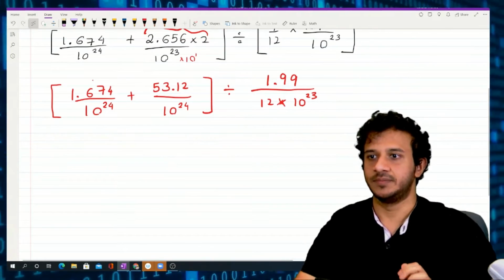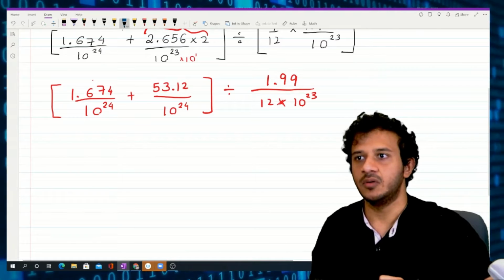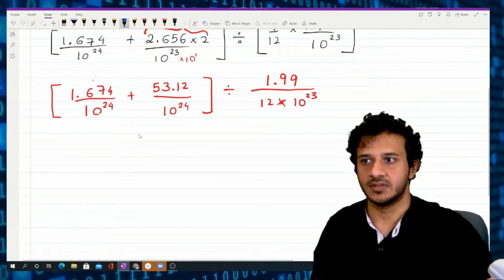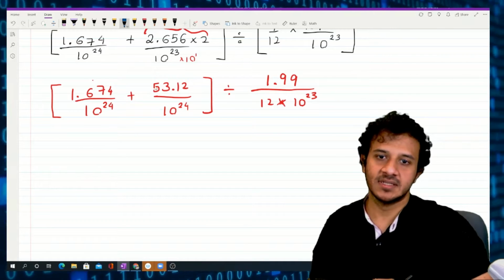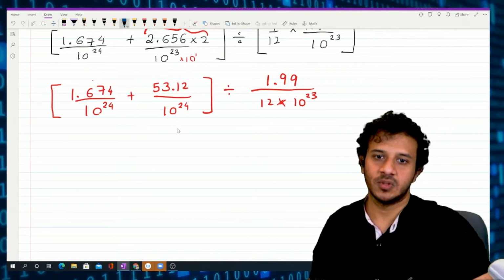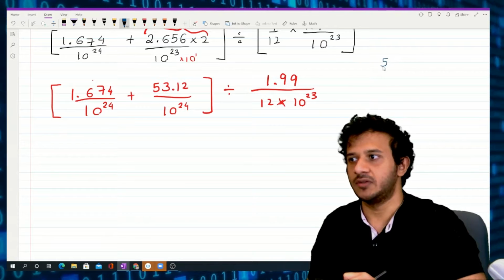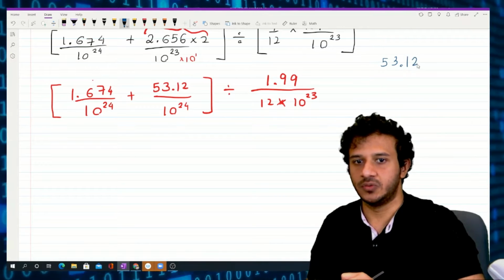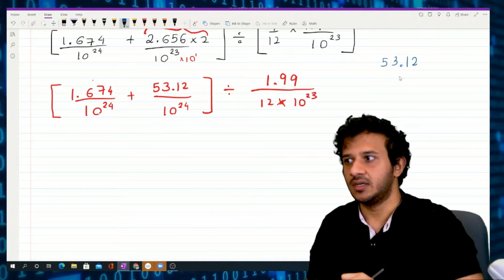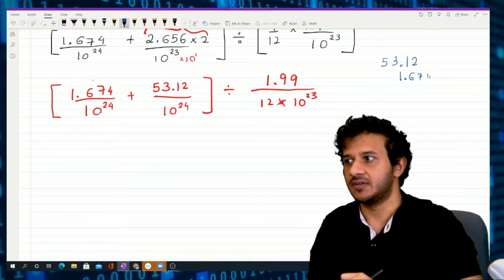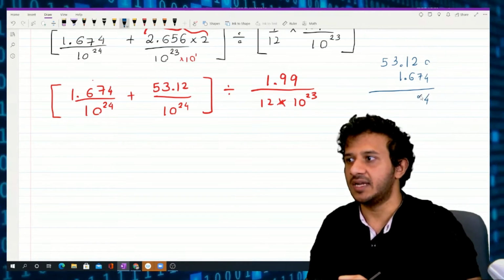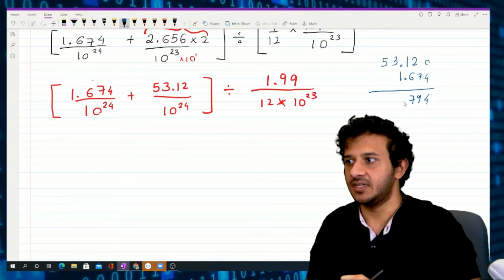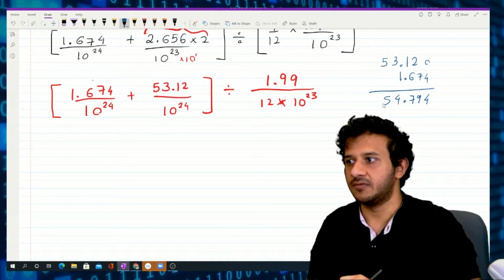Alright, and now let's do the addition of these two numbers. So we got 1.674 plus 53.12. Let's do that. Put a 0 here, and that's a 4, and that's a 9, and that's a 7 point, and a 4 and a 5.